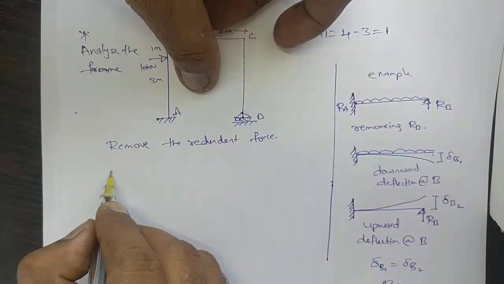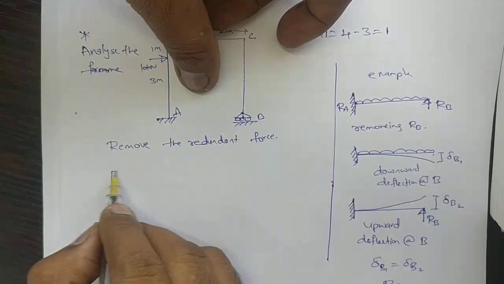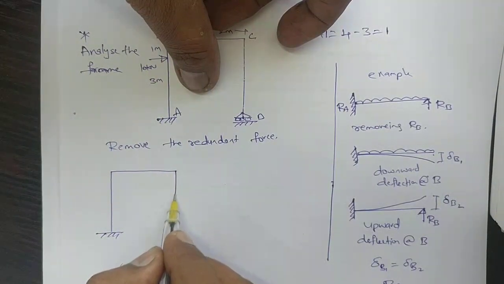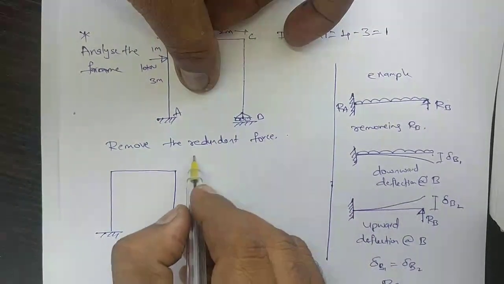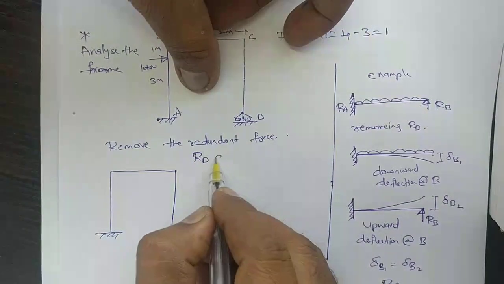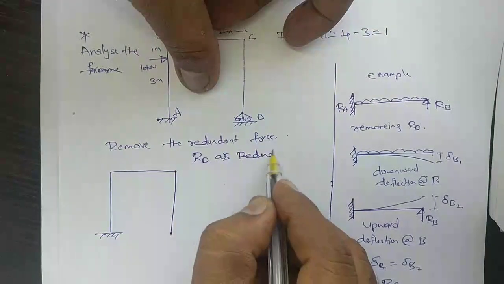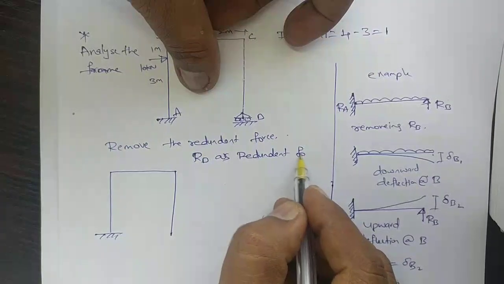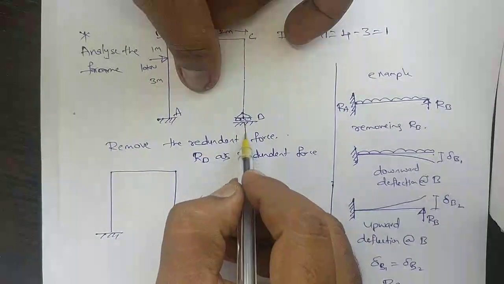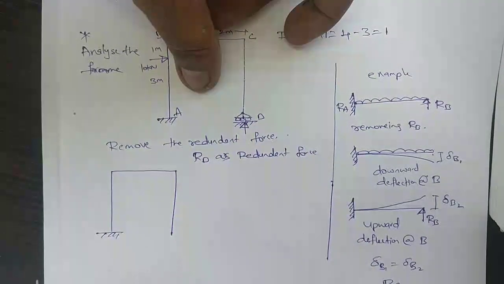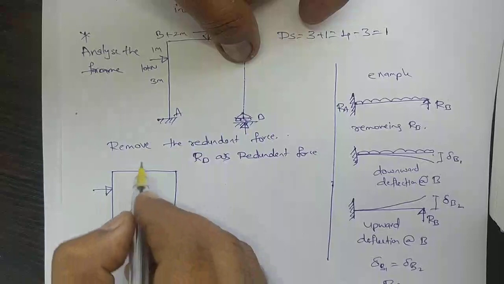First what we will do is, in this frame we will consider RD as the redundant force. So we have removed RD. Here we were having RD, we have removed it. Now this is the frame.